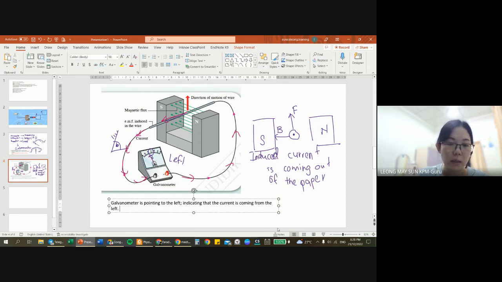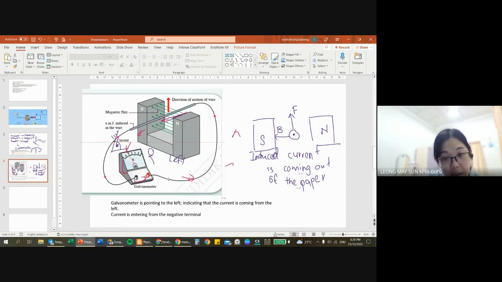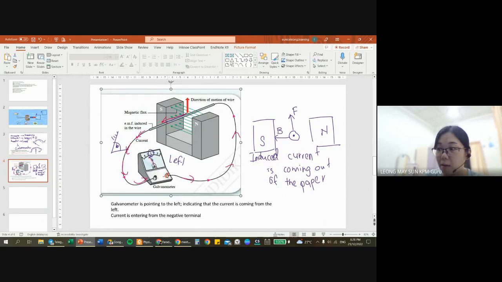Or in other words, current is entering from the negative terminal. Why do I say negative terminal? Because the black color part is negative. This black color part is negative. Okay? And then going towards the positive.